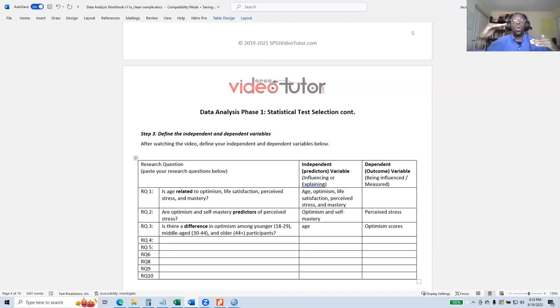But we don't know, right? So whenever you use the word relationship, you're assuming that there is a co-relationship between variables, that there is no antecedent, meaning there is no variable that is influencing the other. When you use a prediction question, then you're assuming that one variable or multiple variables are influencing another.